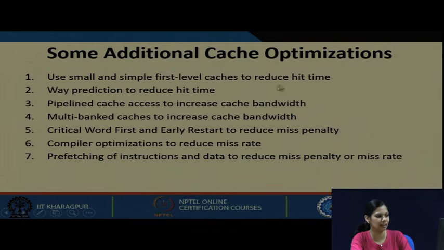So, these are some more cache optimization techniques. We already discussed many cache optimization techniques through which we can reduce hit time, miss penalty and miss rate. So, these are also some more methods through which miss rate, hit time and miss penalty can be further reduced.